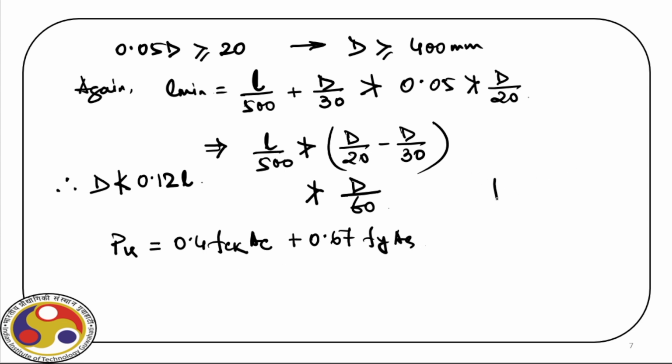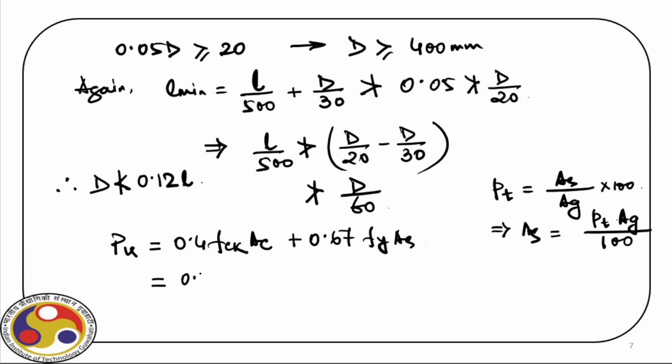Now, we all know that the percentage steel Pt is nothing but As divided by Ag times 100, right? So effectively we get As is equal to Pt times Ag divided by 100. So if we modify this expression, what we get is 0.4 fck, then we have Ag. Ag is the cross-sectional area of the column.